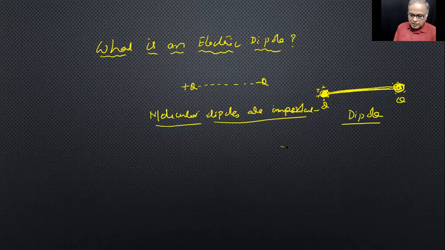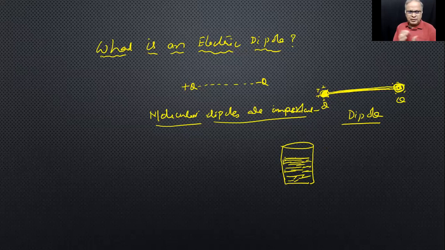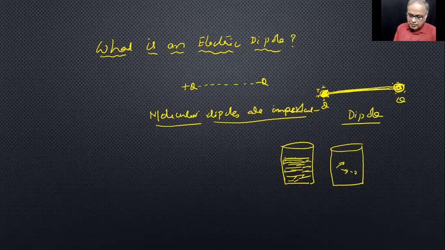Like if you have a glass of water, you say this is a glass of water when it is placed on the table, for a normal eye. But from a physicist's viewpoint, I'll imagine there to be many dipoles, randomly oriented.